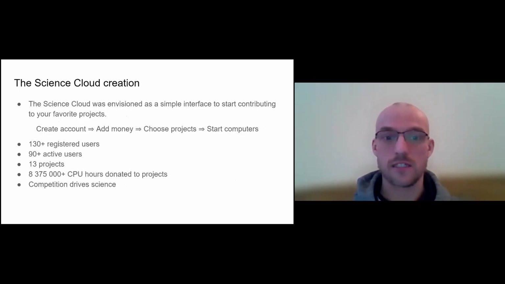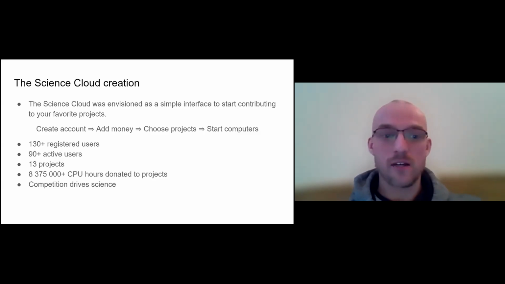It really started as a simple interface for DigitalOcean, where you can create an account on the Science Cloud, drop in money using PayPal, your credit card, or bank transfer in the US or EU. Once you have that set up, you just choose projects and start your compute instances.